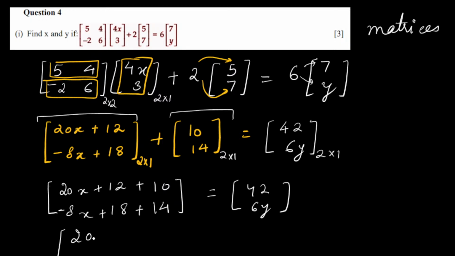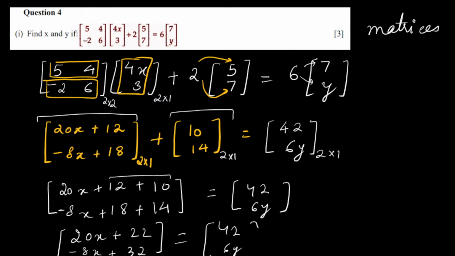So 20x. Now like terms we can add. These two are like terms. 12 plus 10 is 22. 20x plus 22, minus 8x as it is, plus 18 plus 14. We can add. So 18 plus 14 is 32, is equal to 42 and 6y.